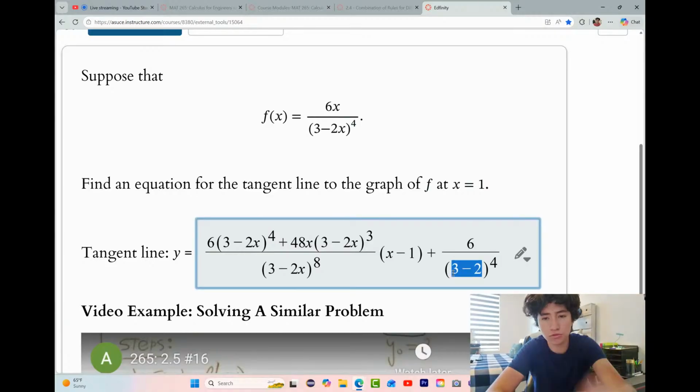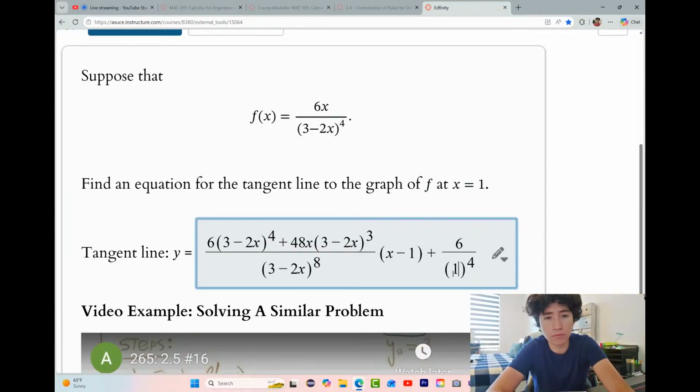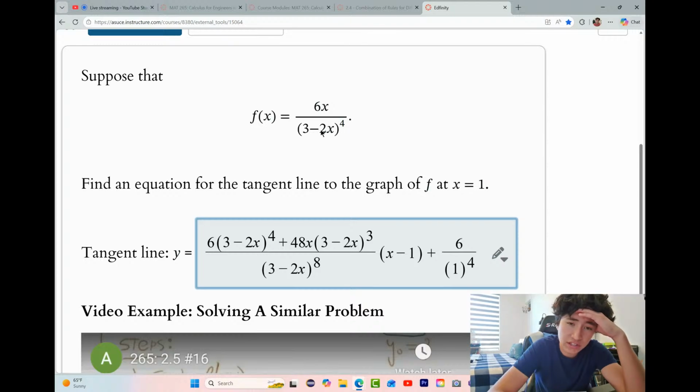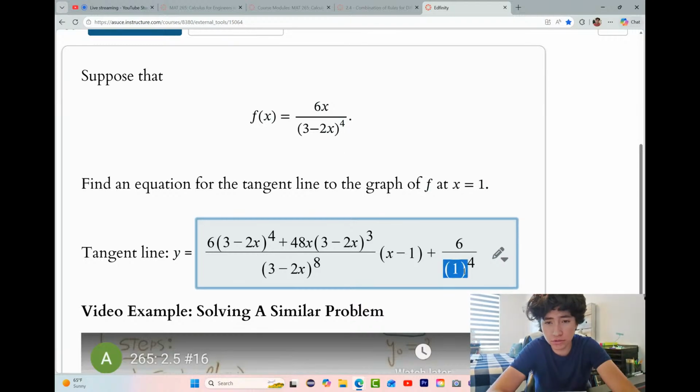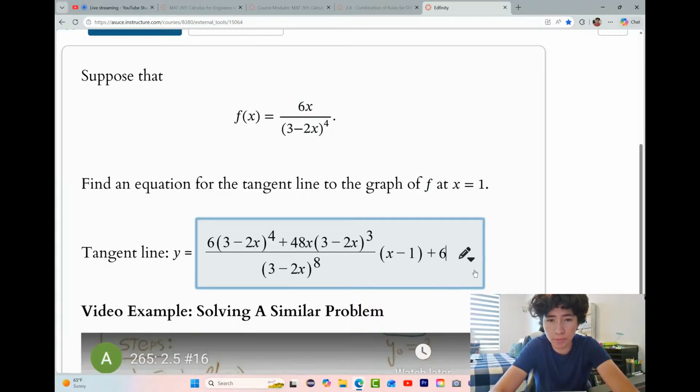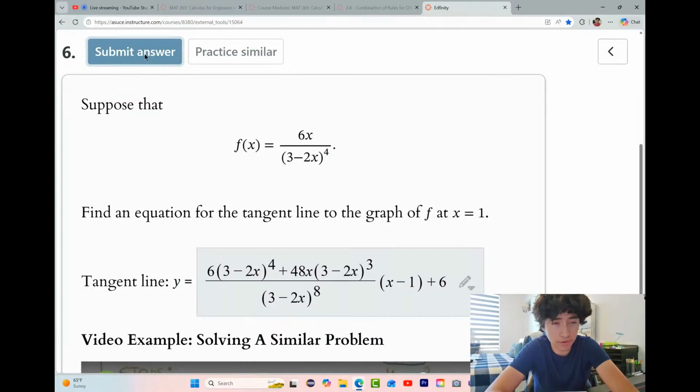Oh, wait, hold on. So just 1. Wait, 2x, yeah, that's 2, right? We get plus 6. Wait, is this correct? All right, I think this should be good.